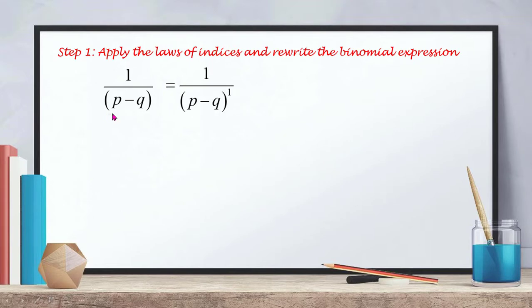Firstly, any expression can be raised to the power 1. So I've raised this expression to the power 1. Then I'll further apply the laws of indices to rewrite this as p minus q raised to the power minus 1, because that can be written as its reciprocal raised to a positive number.